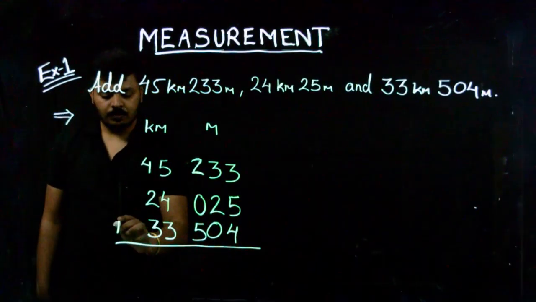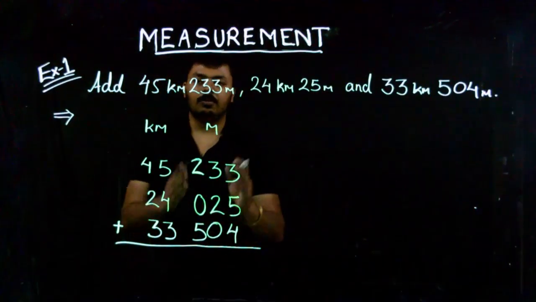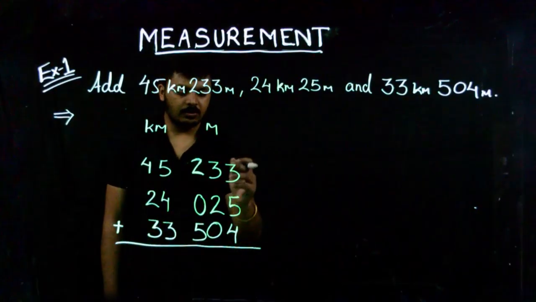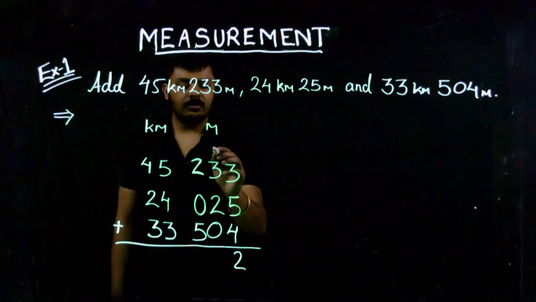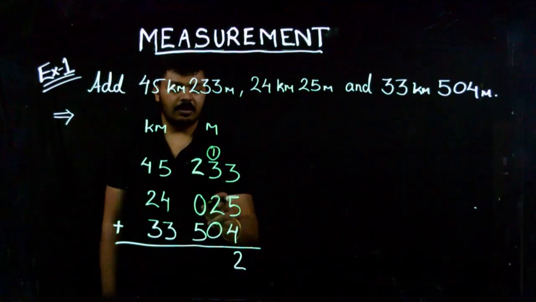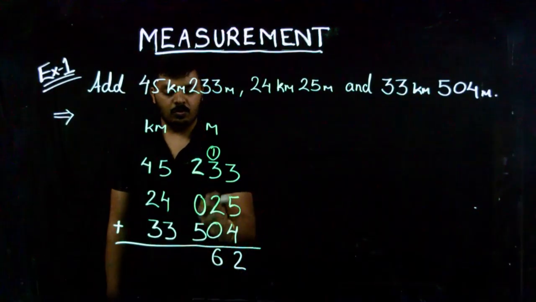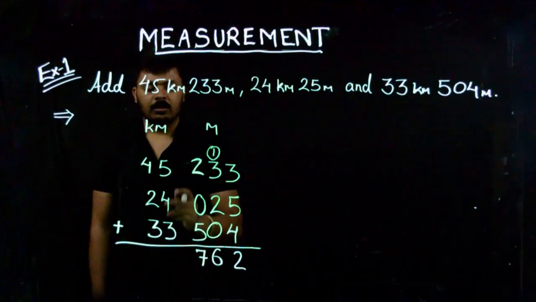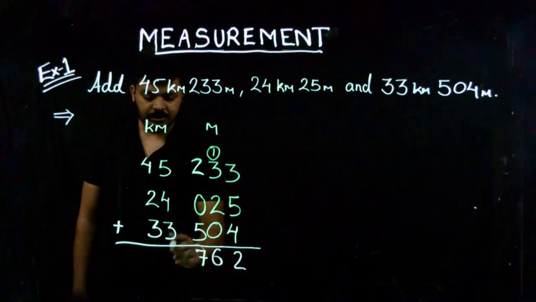Now we have to add all the three distances. So first let's start from the meter column. 3 plus 5 plus 4 is 12. So 2 and 1 carry over. Now 1 plus 3 plus 2 is 6. Now 2 plus 5 is 7. Now kilometer, 5 plus 4 plus 3 is 12.